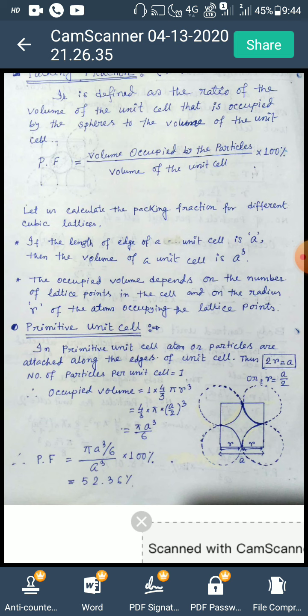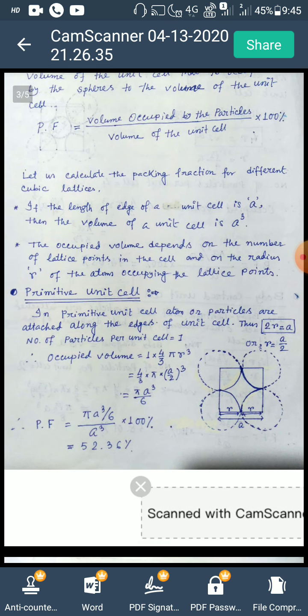Now the volume occupied by the particles depends on the number of lattice points in the unit cell, because it varies in each defined unit cell. For example, for the simple cubic unit cell or primitive unit cell, the total number of particles is 1.